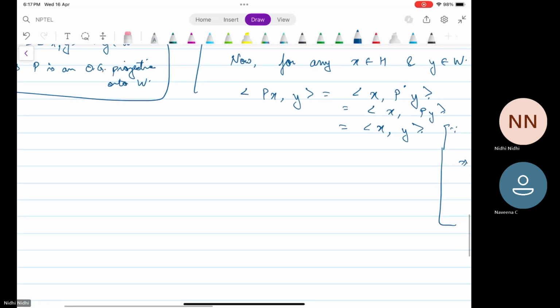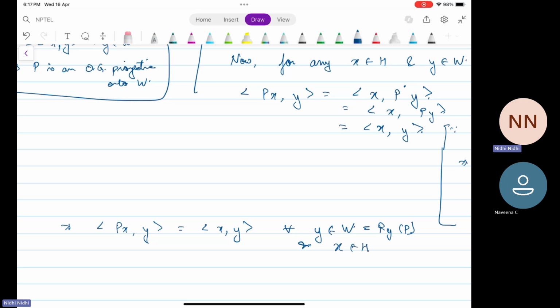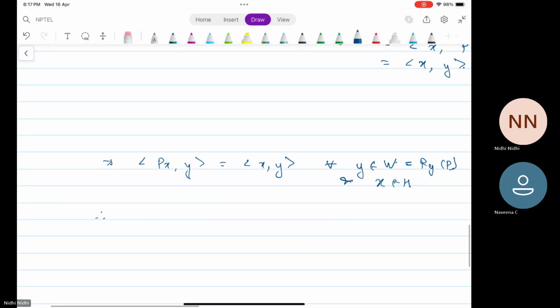So this implies Pxy is equal to Xy for every Y in W, which is range of P, and X in H. Therefore, P is an orthogonal projection.